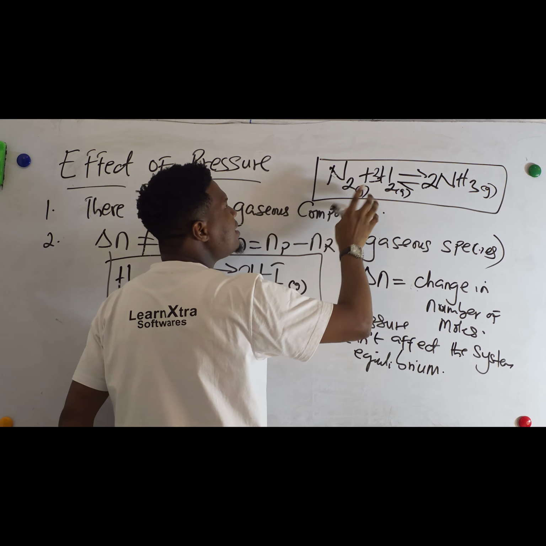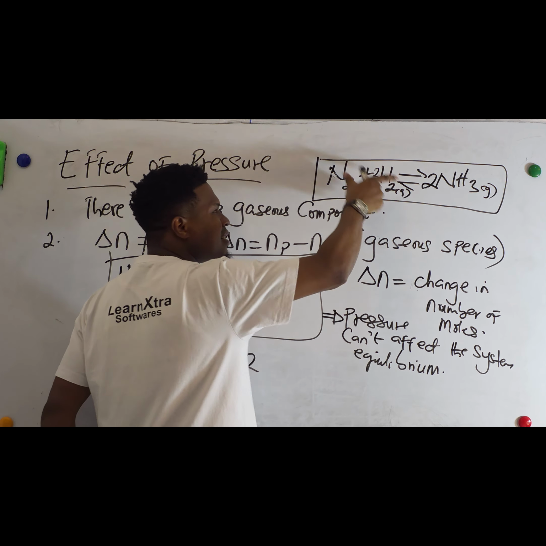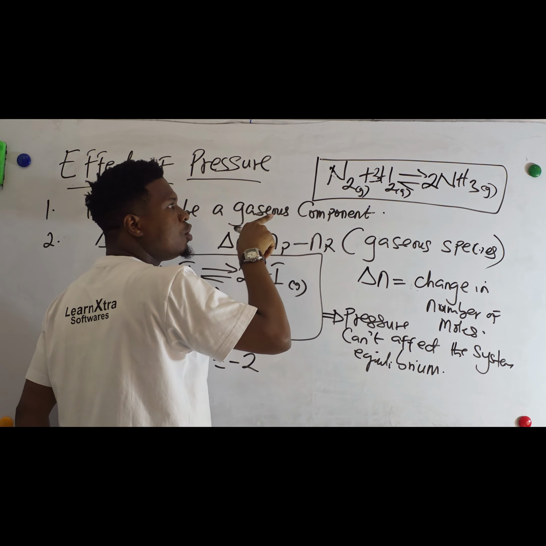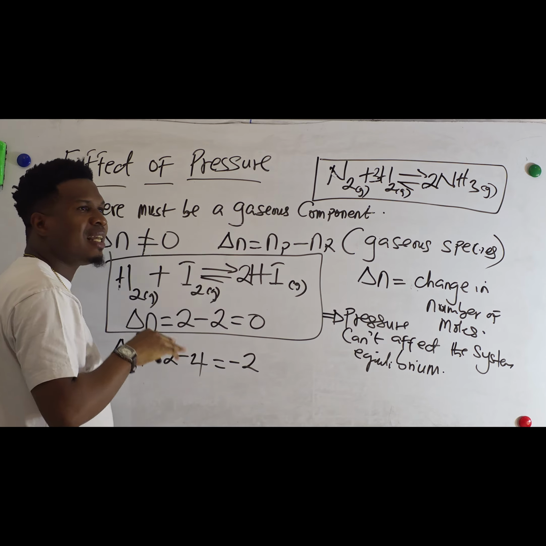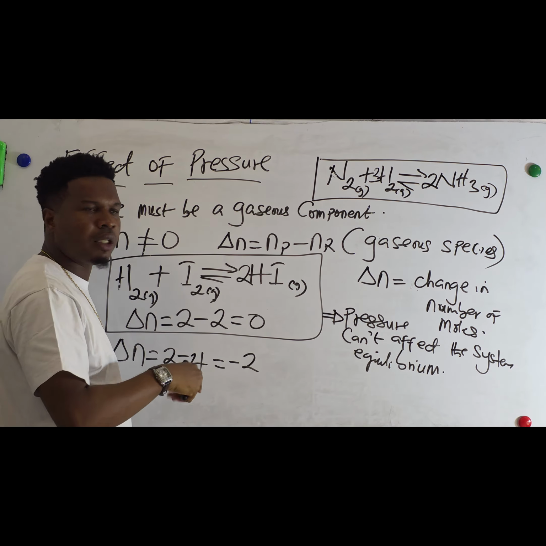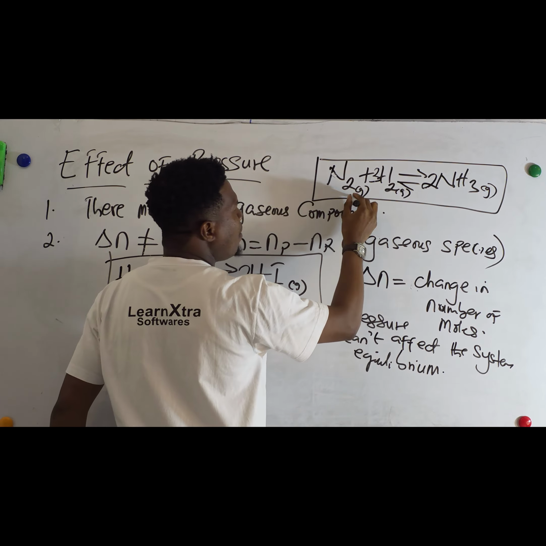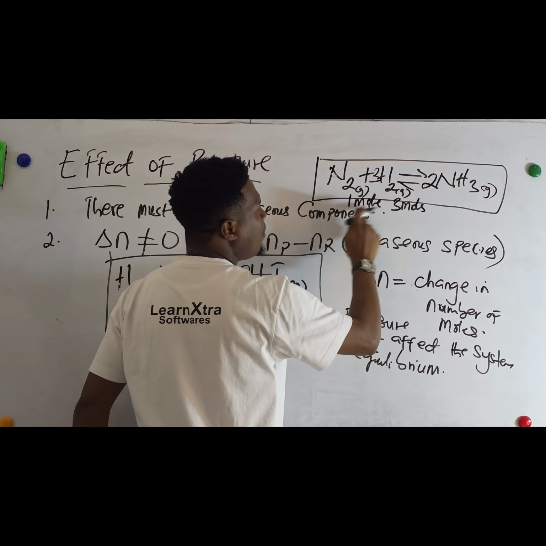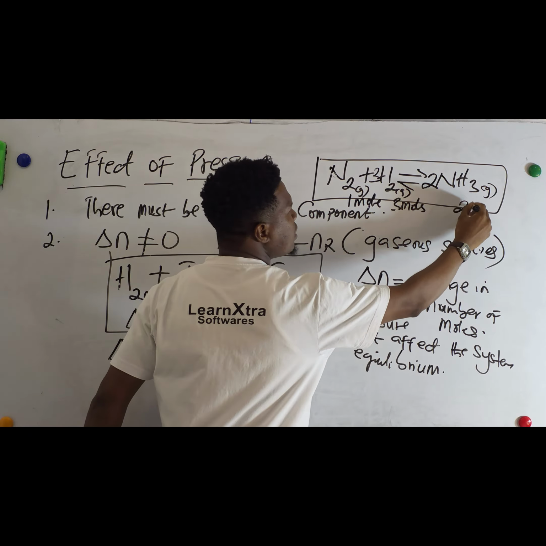If you increase the pressure of this system, the equilibrium will shift to the side that has a reduction in mole or reduction in volume. Look at here. I have 1 mole here. I have 3 moles here. Okay? 1 plus 3 is 4, and I have 2 moles here.